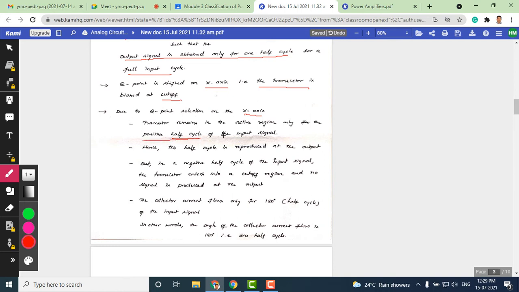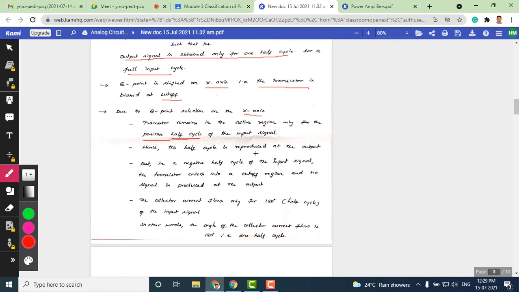The Q point doesn't remain in the active region for the entire AC input cycle. Only the positive half cycle of the input signal remains in the active region, but the negative half cycle moves into the cutoff region.